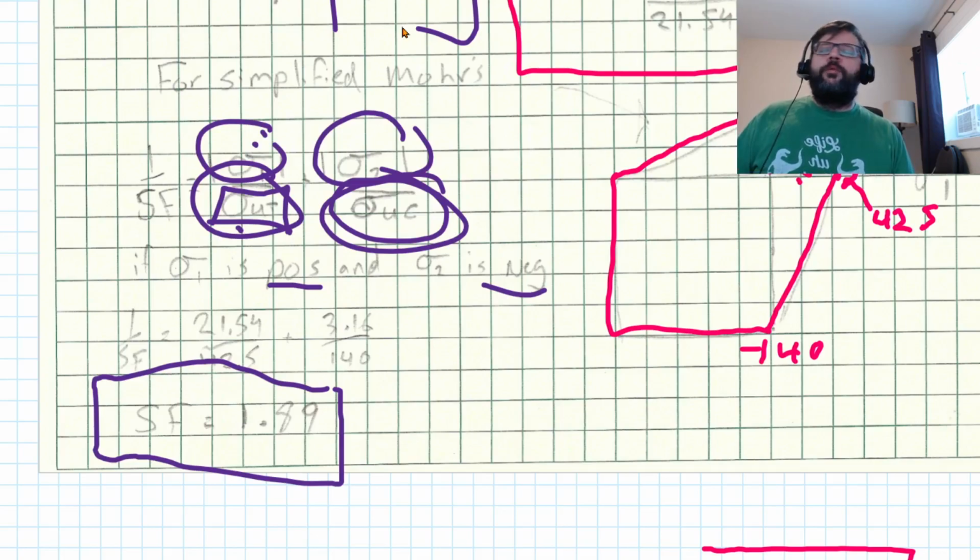But if you have one that's positive and one's negative, then it ends up being slightly worse than the situation where they're both the same type. And you see a similar effect with ductile materials as well.